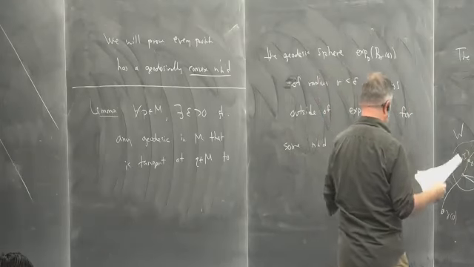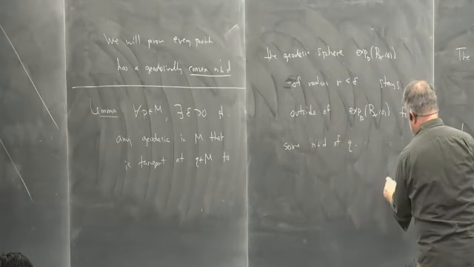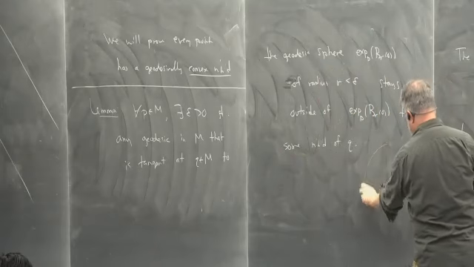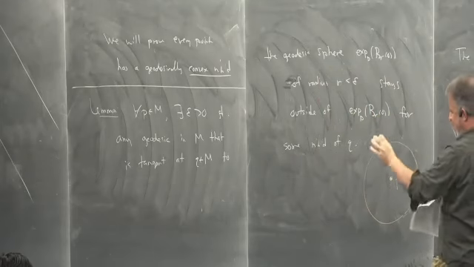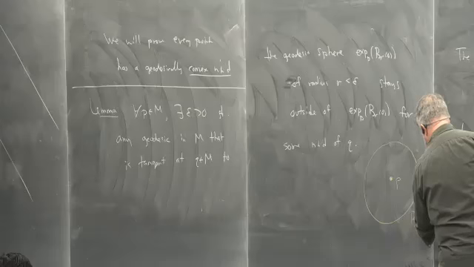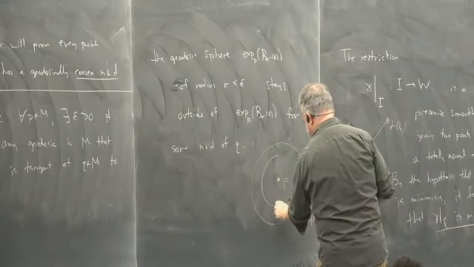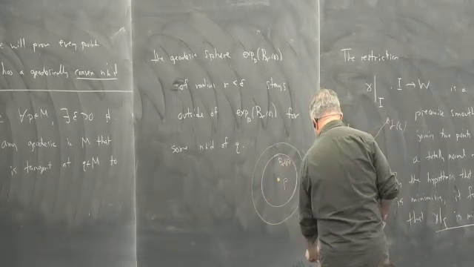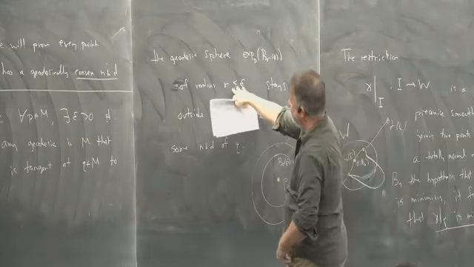So what does this say? It's a very strange looking statement. I'll draw a picture. So this is the point P. I'll draw the picture in TPM, really. Well, it doesn't matter. This is B epsilon of P. This is B R of P, where R is strictly less than epsilon.